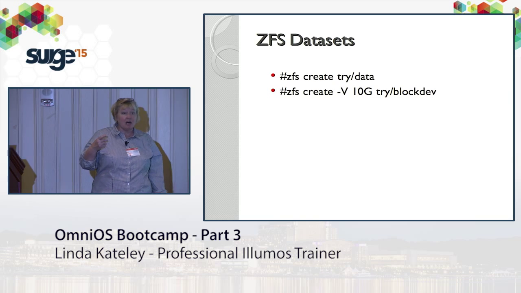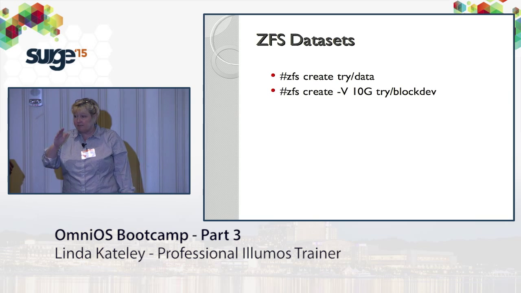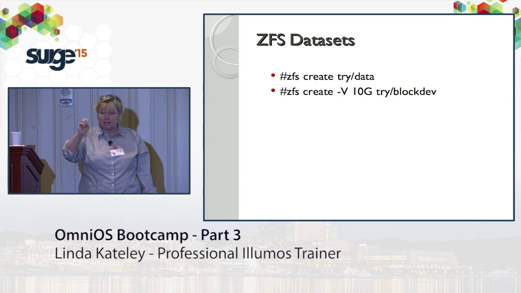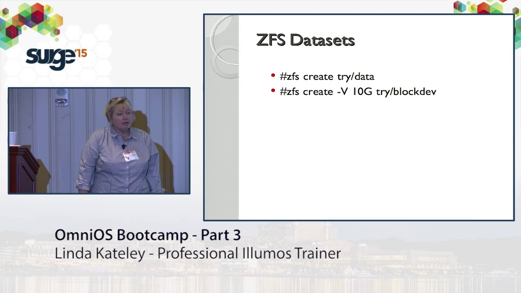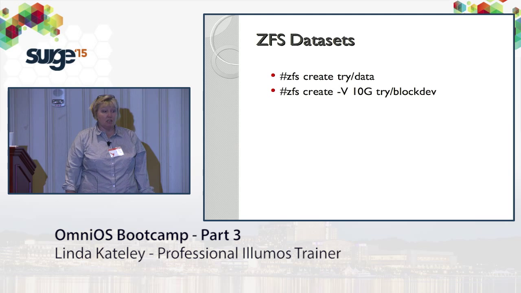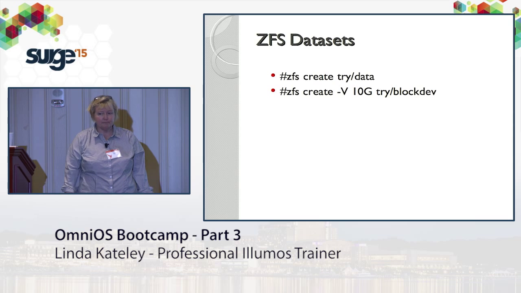That actually ends up as a device file in the dev tree. It ends up in /dev/zvol/rdsk, then the pool name and device. It becomes a zvol, yes. Yeah, it is in that path, zvol.